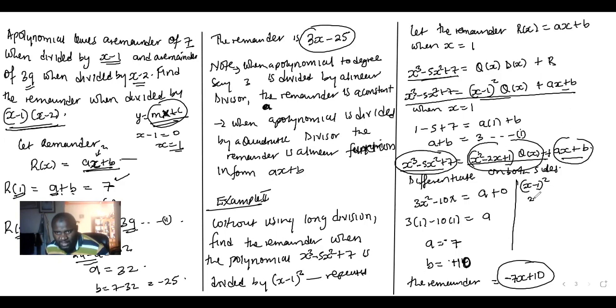You will get 2x minus 2, keeping the quotient constant. The second one is to keep the x minus 1 squared as it is, then differentiate the quotient. In both cases, when you put there 1, you get a 0.